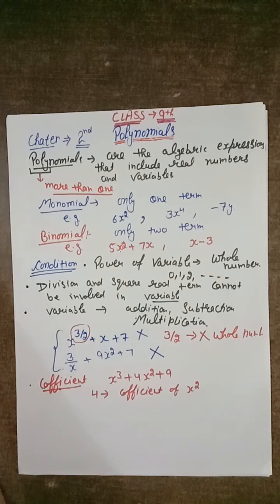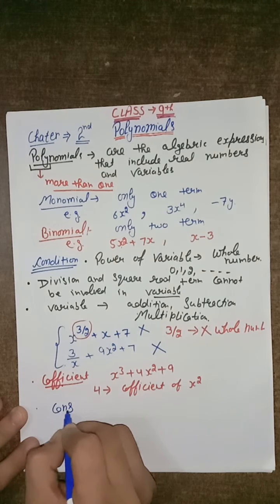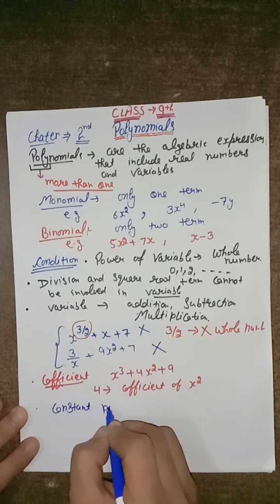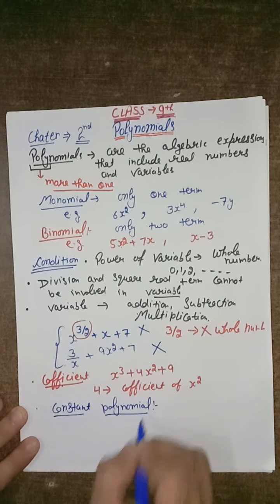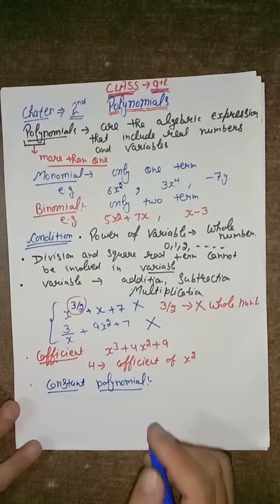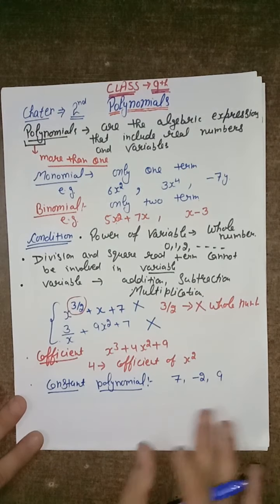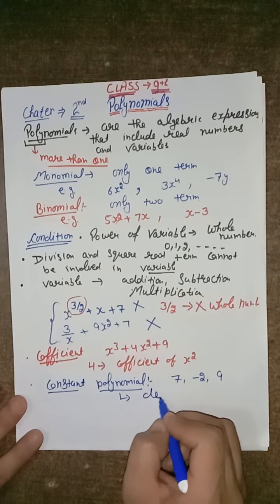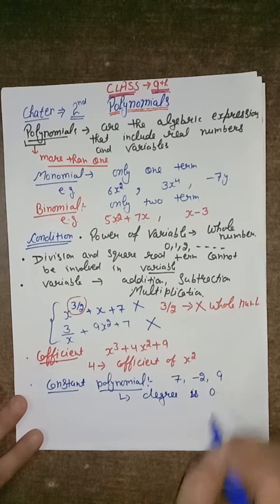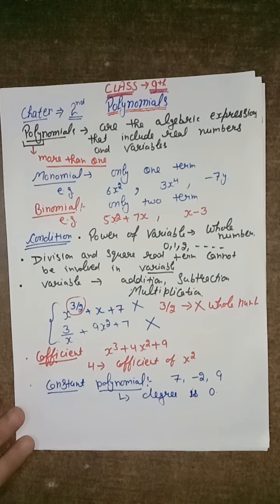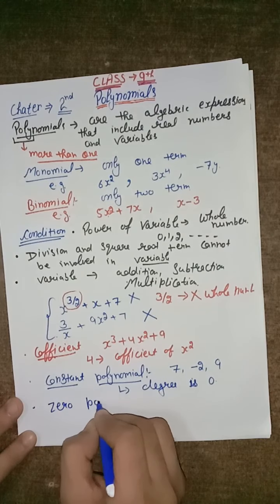Now our next term is constant polynomial. Constant polynomial means numbers like 7, -2, 9, whose degree is 0. Now what is the meaning of zero polynomial?